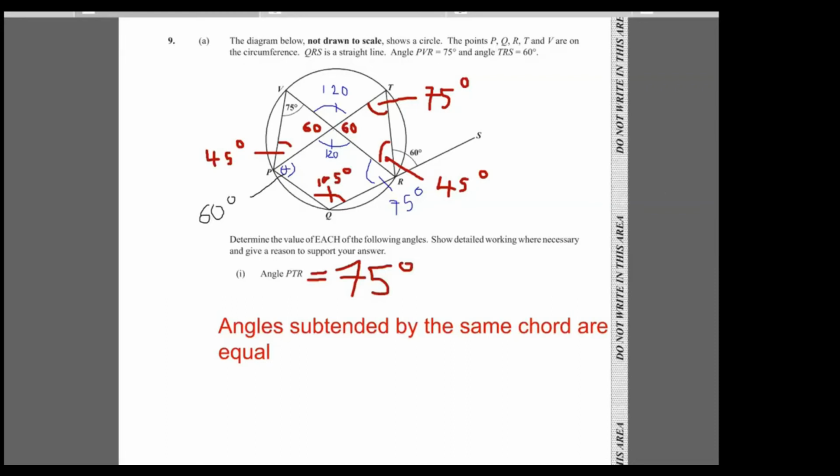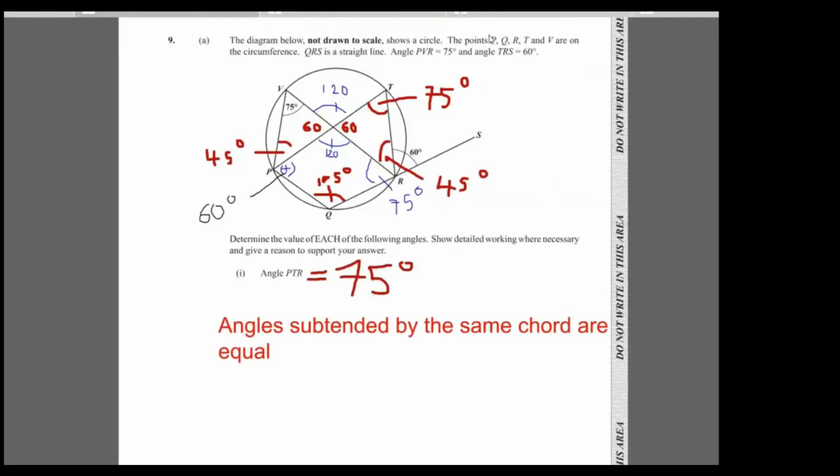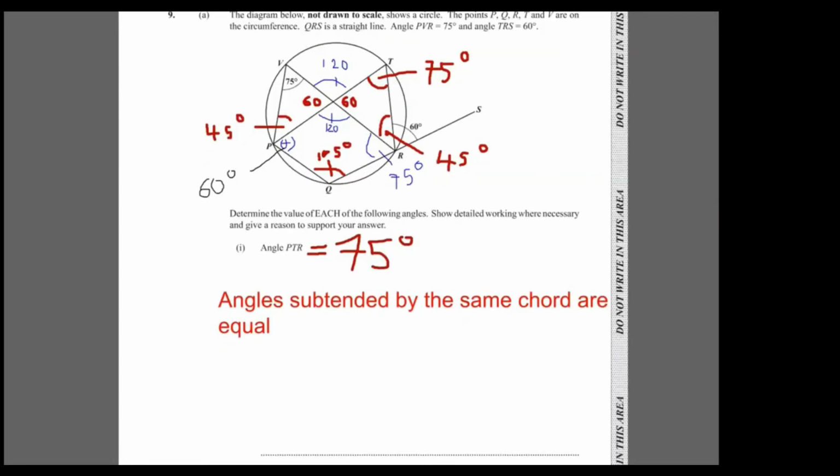Let me read this again. Where O is the center of the circle. That's crazy. Now, guys, they say O is the center of the circle. So what that means is, right here is not the center. This chord VR and this chord PQ intersect here.